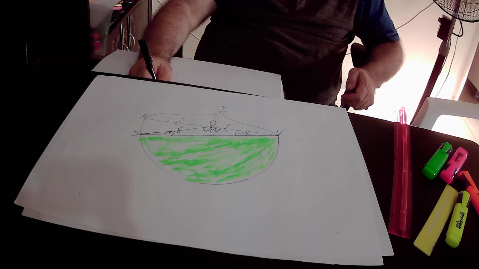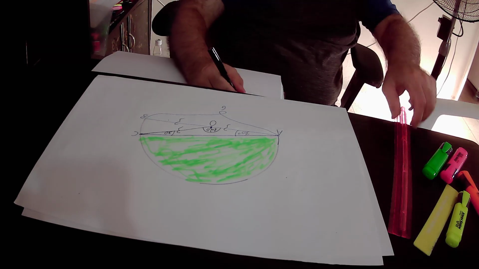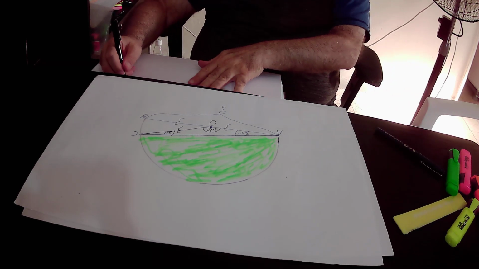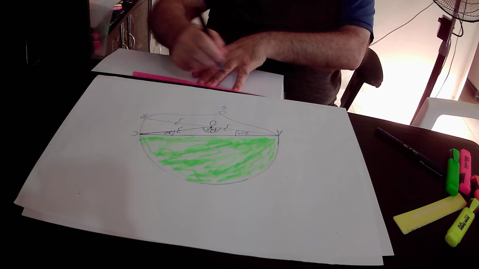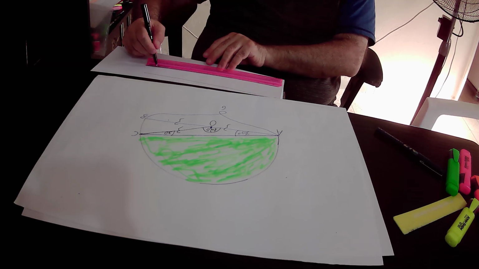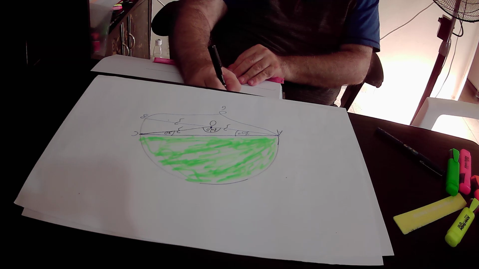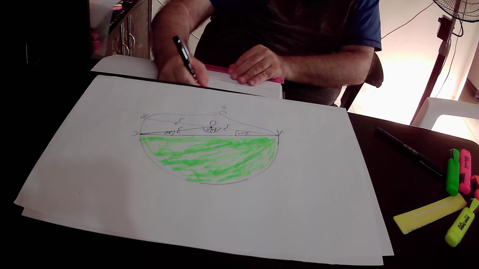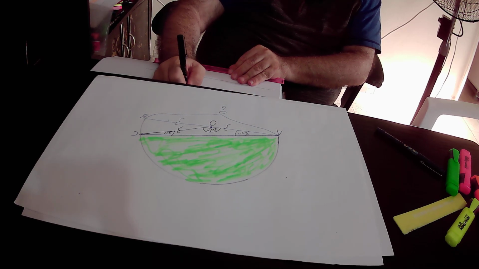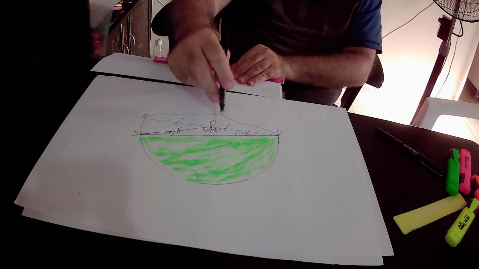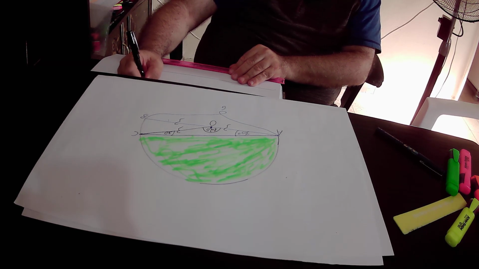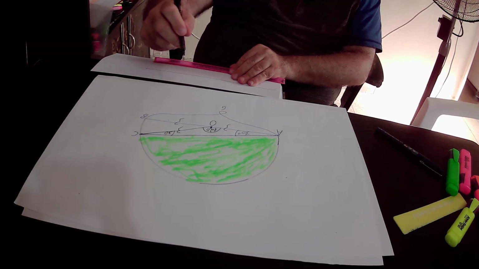According to the second method, the area of this green shape will be equal to the area of the semicircle minus the area of triangle AOC minus the area of sector COB.